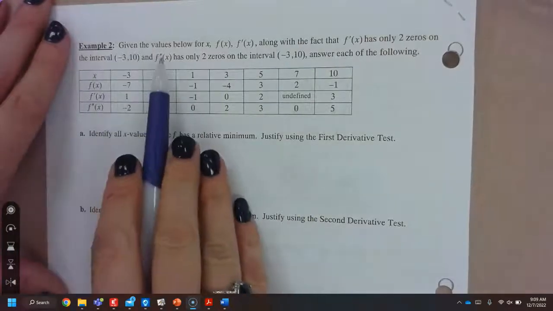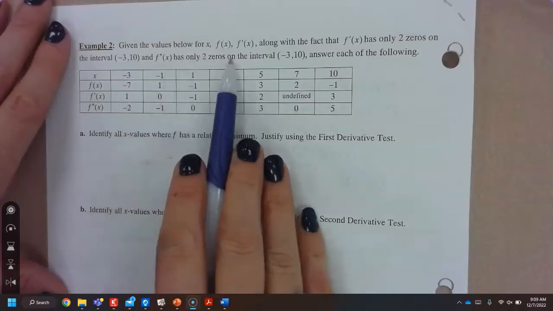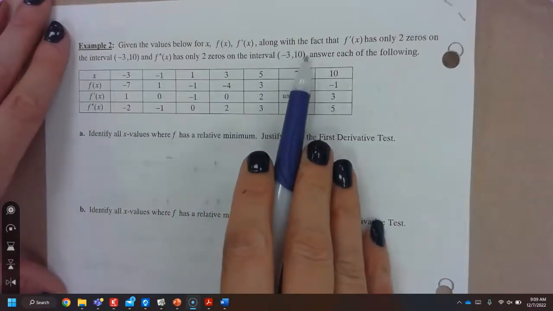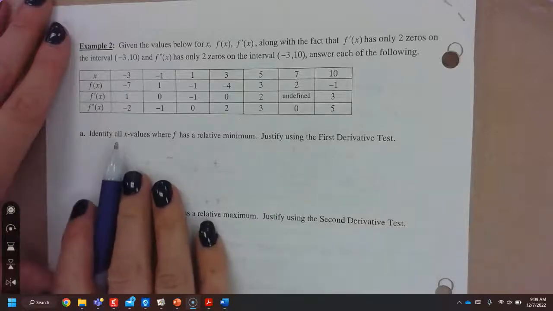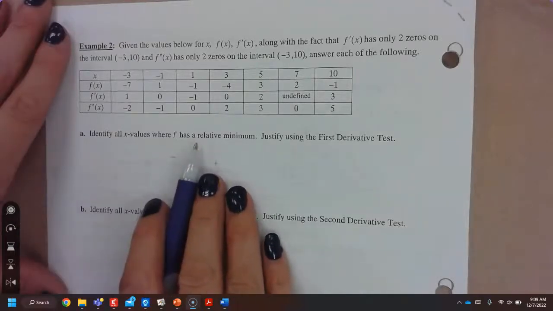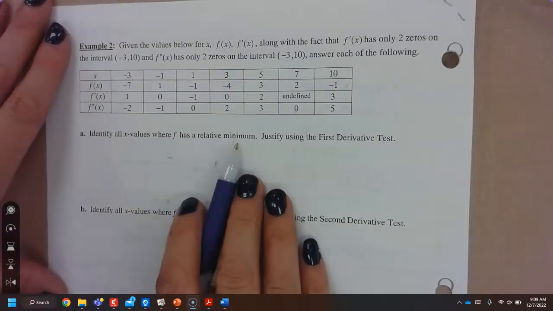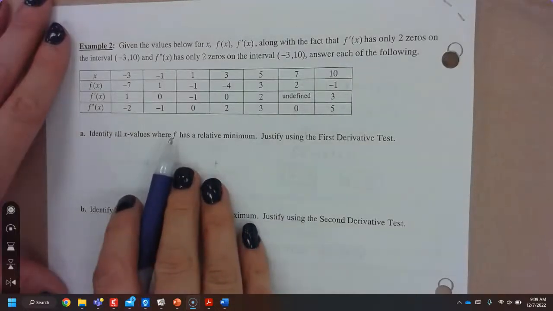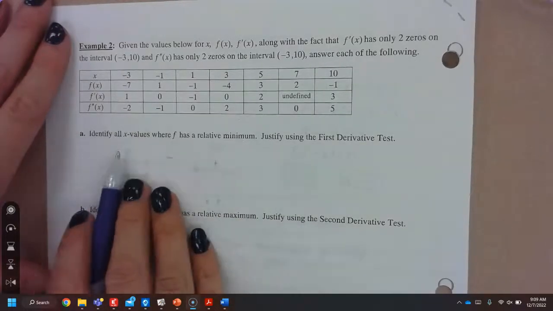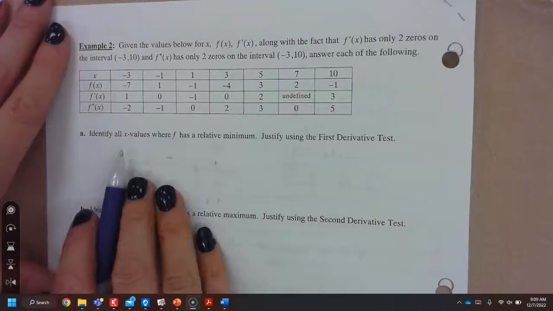F double prime has only 2 zeros on the interval negative 3 to 10. Answer each of the following. Identify all x values where f has a relative min. So in order for f to have a relative min, the derivative needs to equal 0 or be DNE.